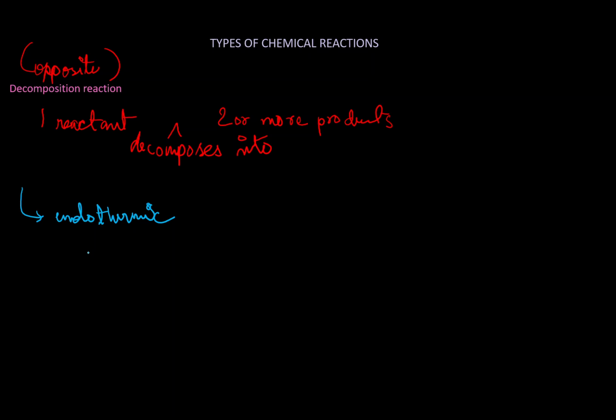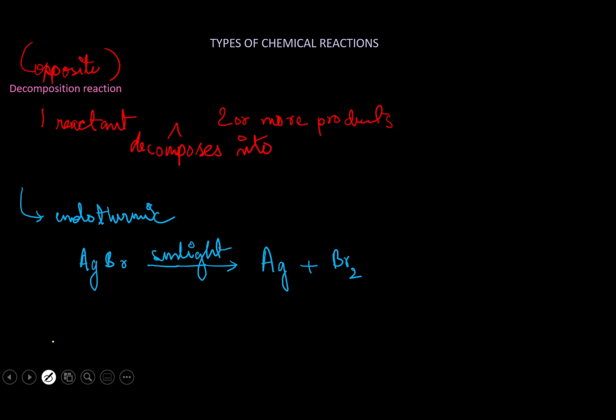First, we have silver bromide, AgBr, and that decomposes under sunlight, some type of energy, to give me silver and bromine. So that is Br2. We can balance this real quick, like 2AgBr and 2Ag.